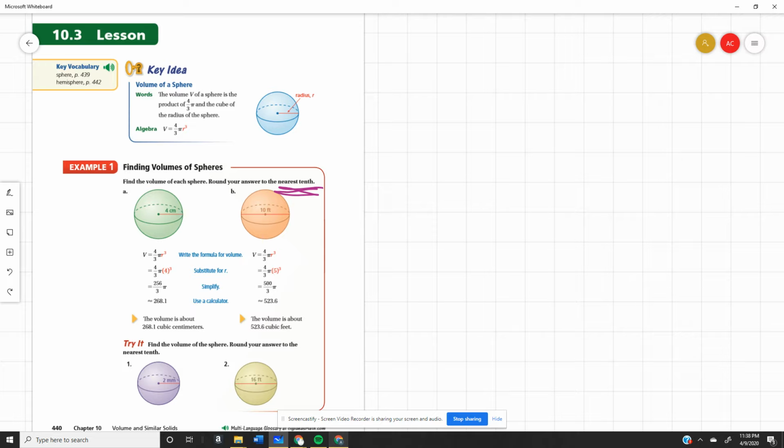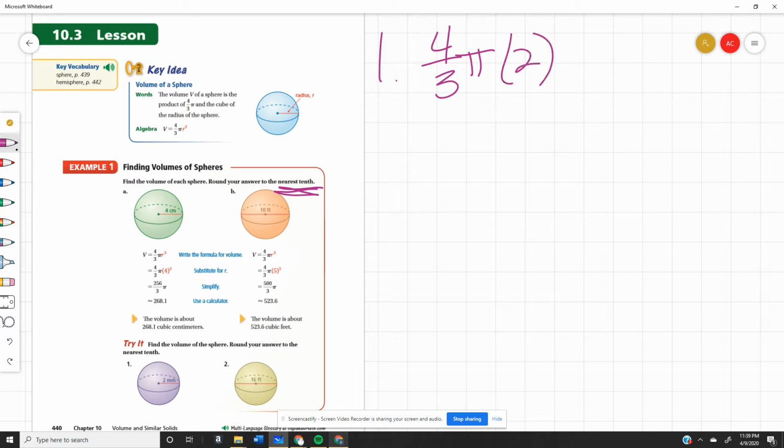It wants us to find the volume of the sphere. So in number 1, we're going to have 4/3 pi. The radius here is 2 cubed. So 2 cubed is 8. So 4/3 times 8 over 1 times pi. 8 times 4 is 32, so 32/3 times pi. Plug it into the calculator.